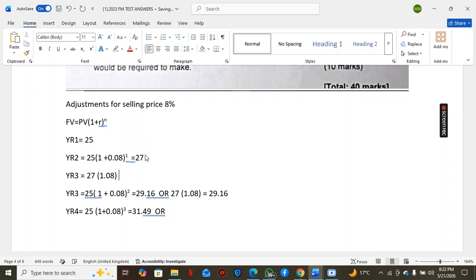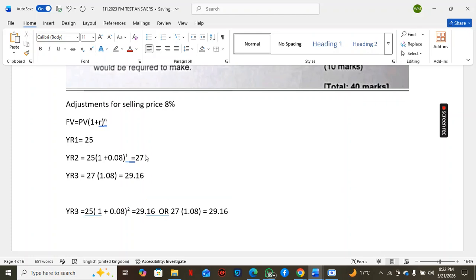You get 29.16. Then in year four, this 29.16 is going to grow by 8%. 29.16 multiplied by 1.08, what are we getting?